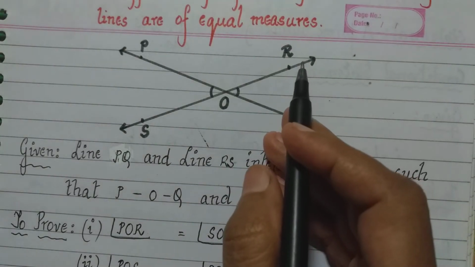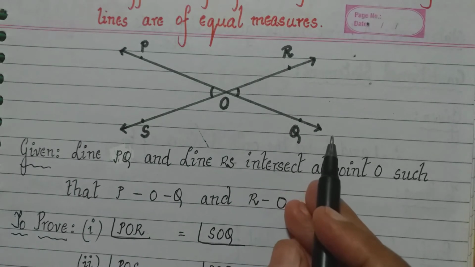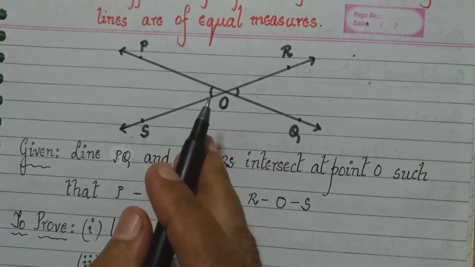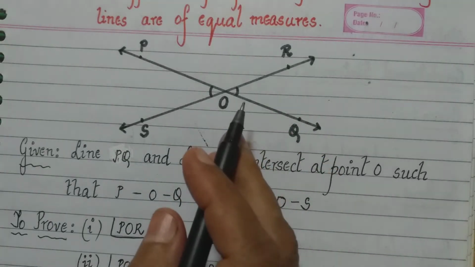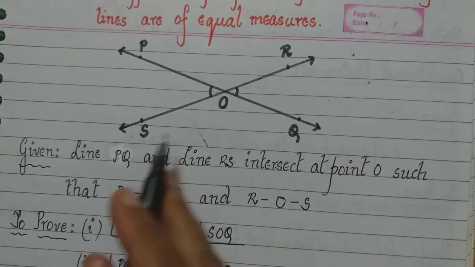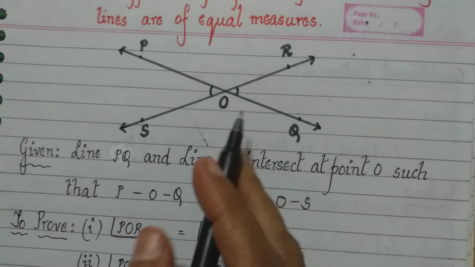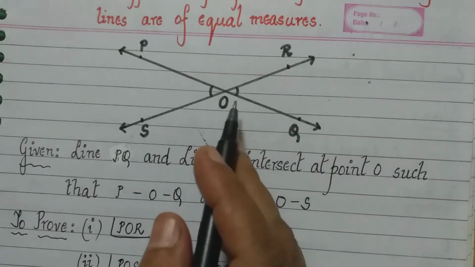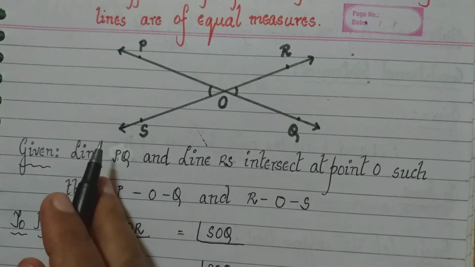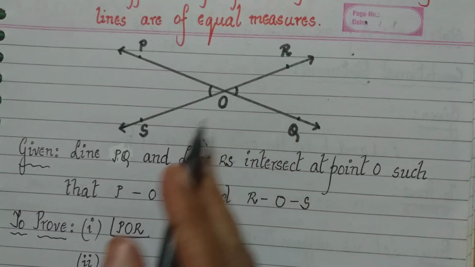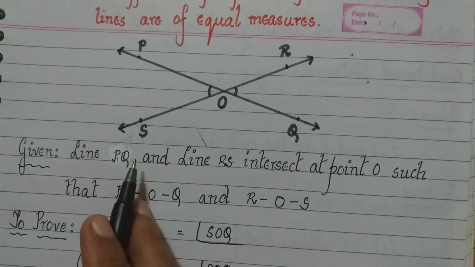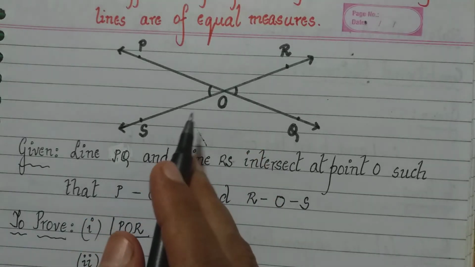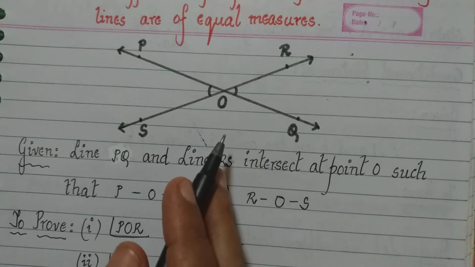Now if we see angle ROQ plus angle QOS, that also forms a straight line, and a straight line is 180 degrees. Why is the sum of these two angles 180 degrees?